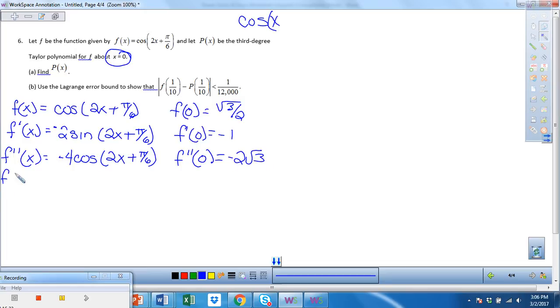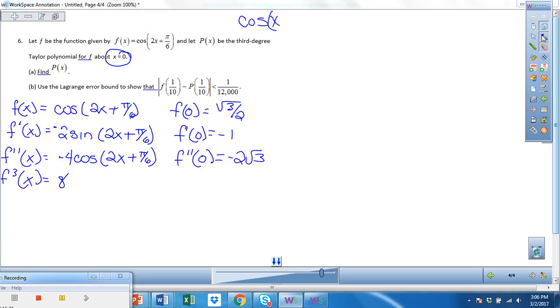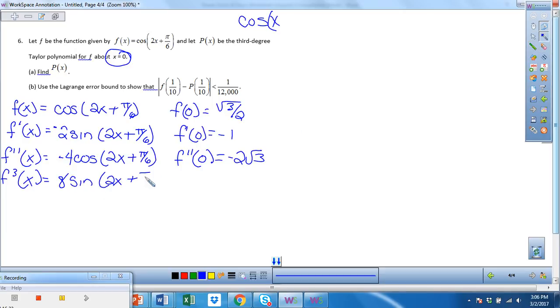And then the third derivative, finally, we're at the third derivative, is equal to positive 8 sine of (2x plus pi over 6). And that evaluated at 0 is 4. Okay?